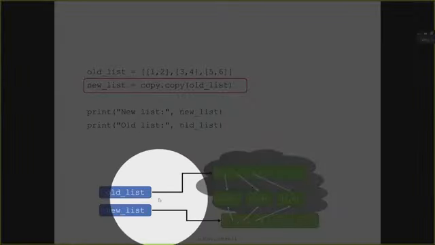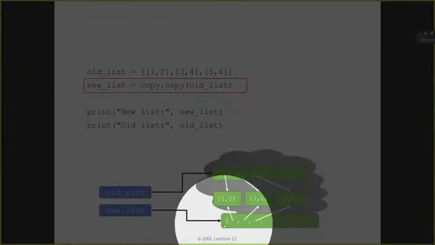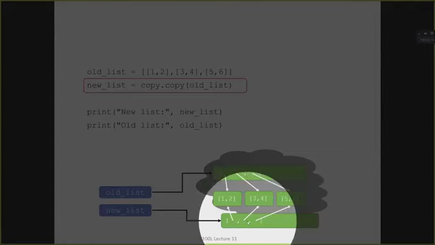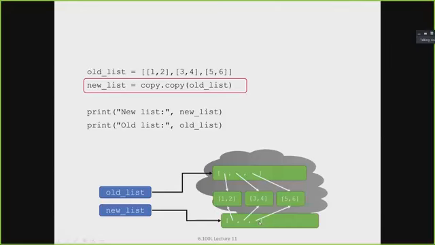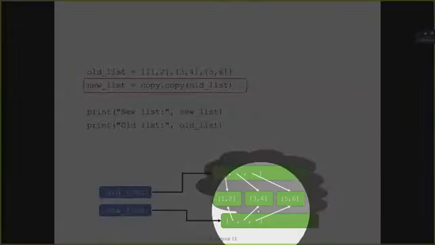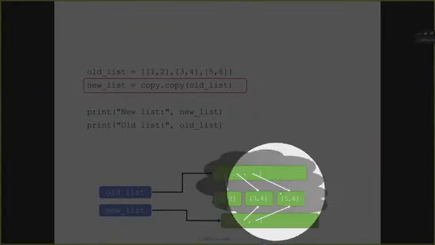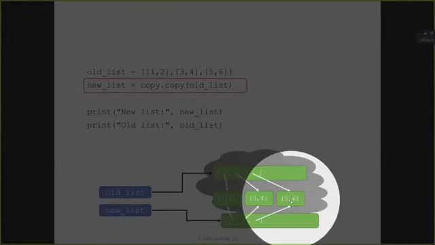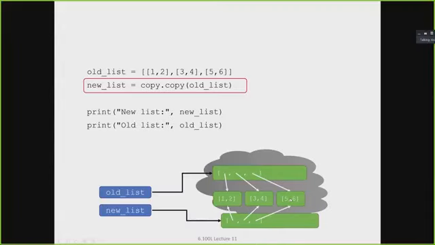So notice new list is pointing to a list with 3 elements in it, but anything that's at a deeper level than that top level does not get copied. So all these mutable things that are my elements, this list and this list and this list, these are 3 mutable elements. They do not get their own copies because we've only made a shallow copy.